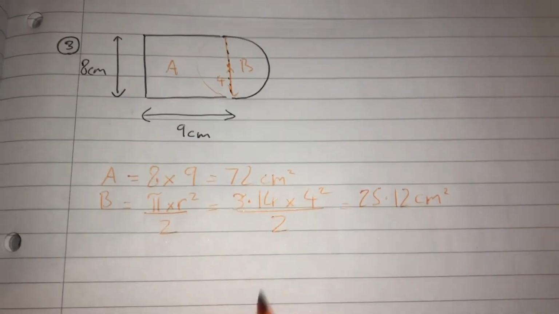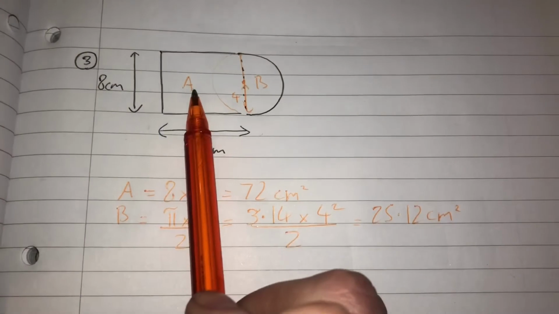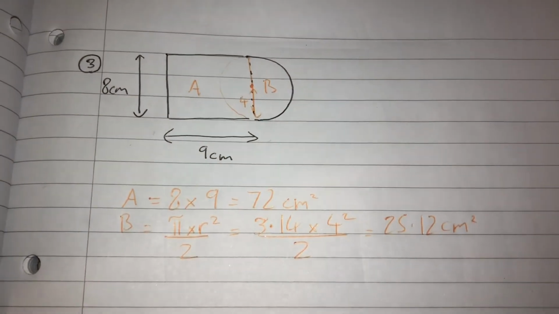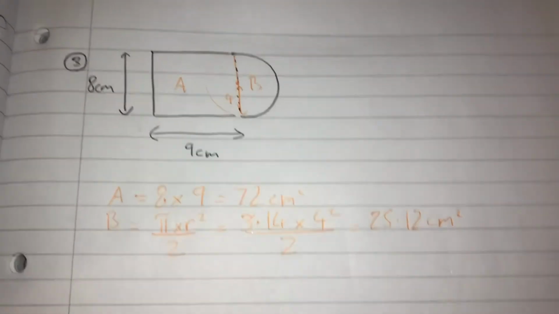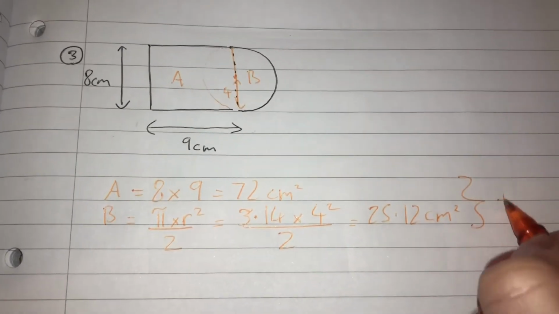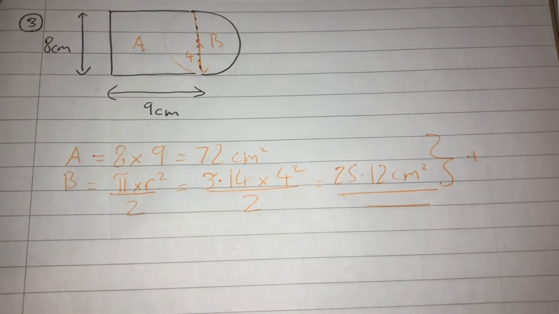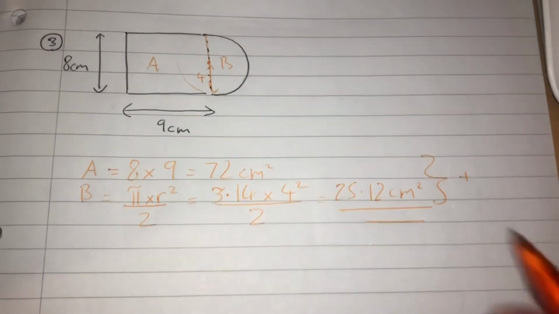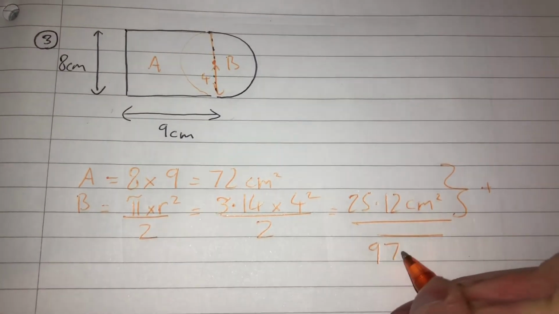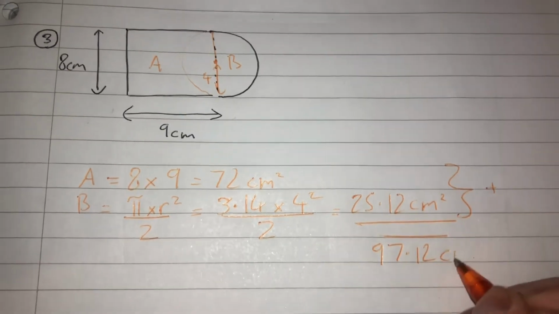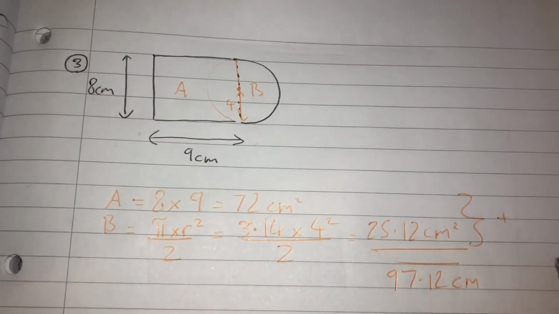Okay, so last thing we have to do is add the area of the rectangle and the area of the semicircle together. So add 72, and 25.12, and we end up with 97.12 for the overall area of the rectangle and the semicircle.